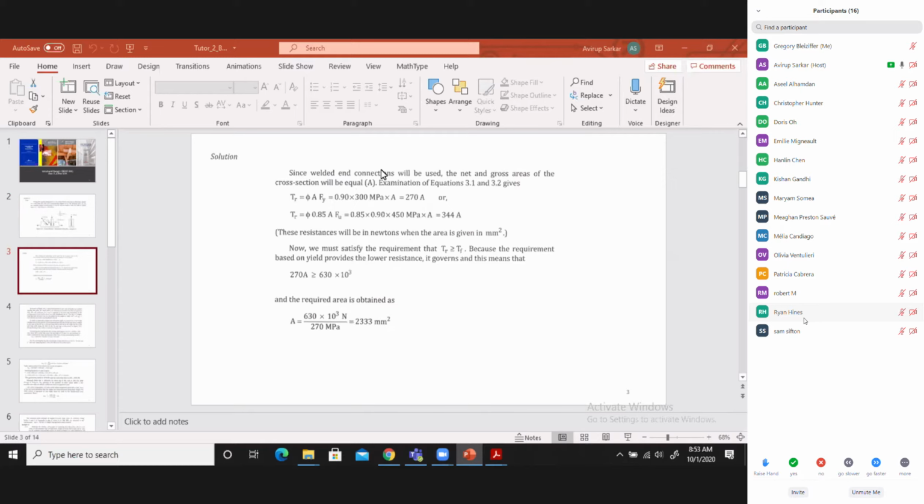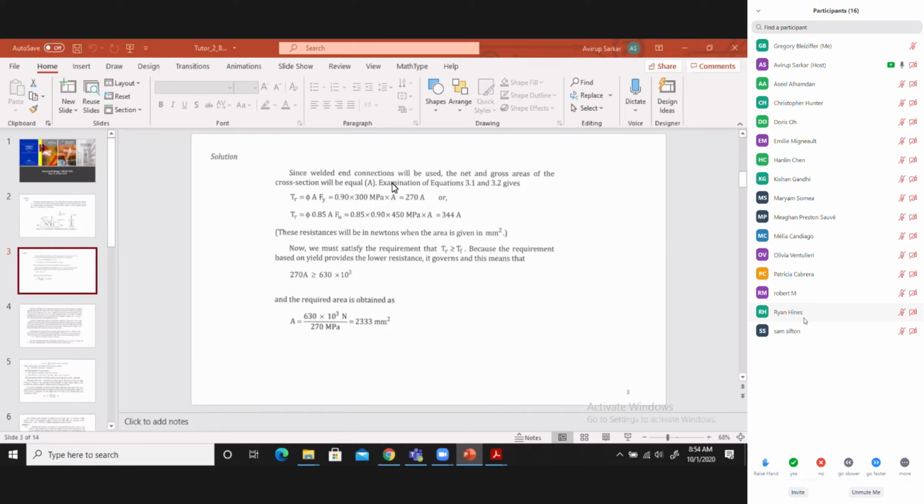Then we go to the steel handbook and we choose a section which has an area more than that which is required, and thus if we plug the area back into the original capacity equations, we will get a capacity which is obviously going to be more than the load acting on the structure. And then after choosing that section, we go through the different checks that are required to be made. This is the philosophy of how we go about doing steel design.